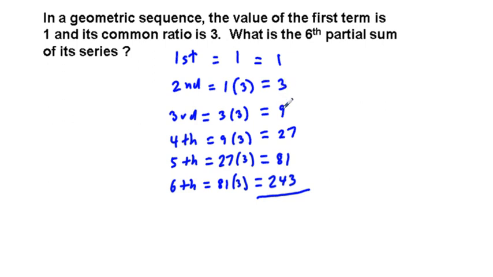That's going to be 13, plus 27 is 40, plus 81 is 121, plus 243 is 364. So our answer for this is going to be 364.